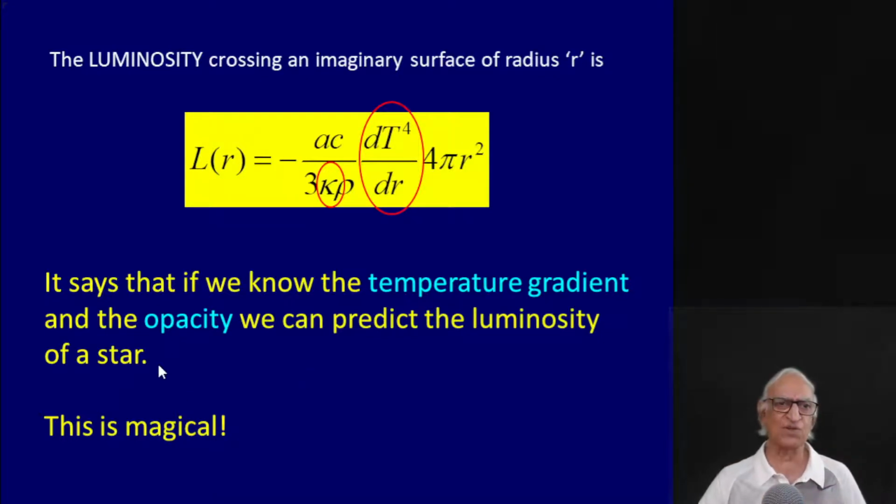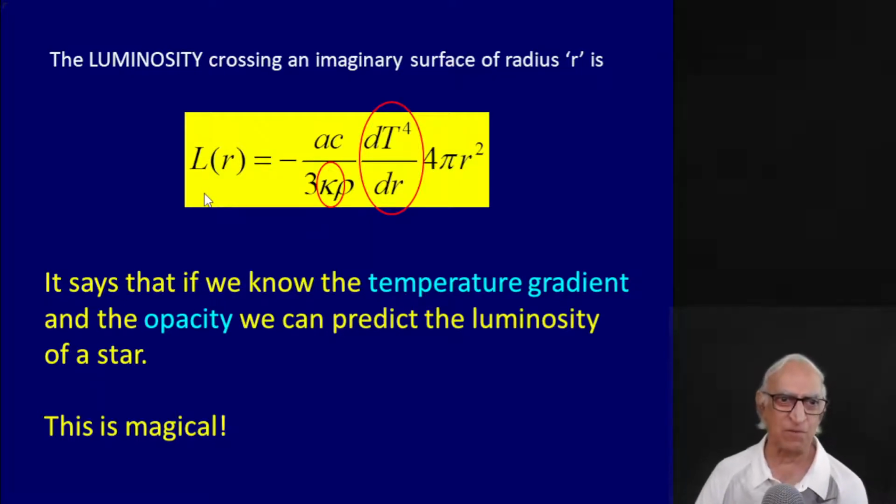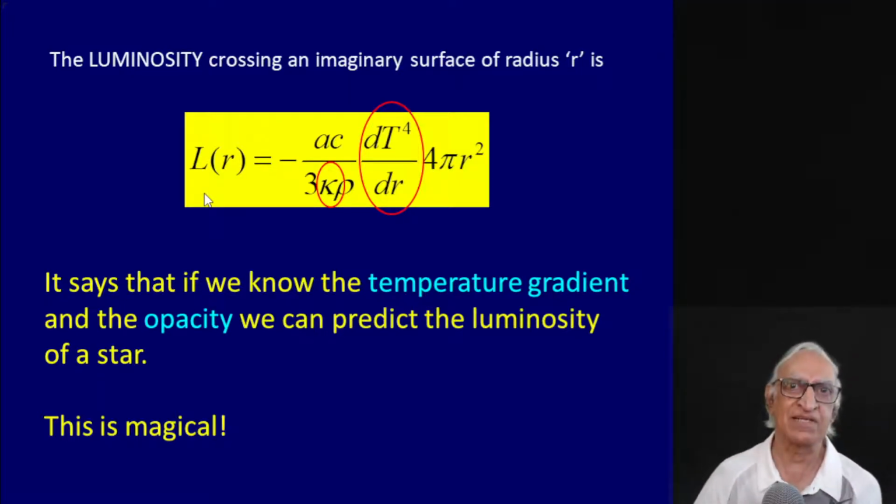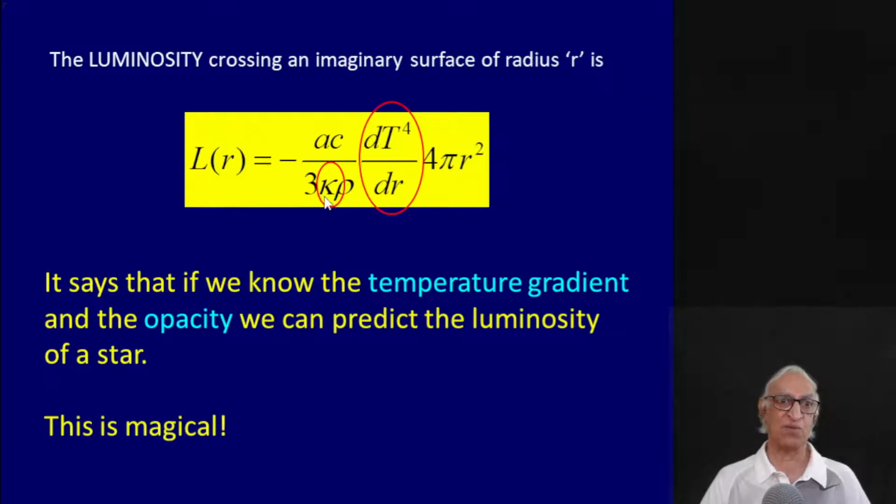So how can the luminosity crossing an imaginary surface depend only on the temperature gradient and the opacity? Even the opacity doesn't really matter because it's mostly hydrogen, it is ionized, therefore opacity is due to Thomson scattering cross-section, so we know that also. Therefore we are saying that the luminosity of a star is more or less uniquely determined by the temperature gradient.